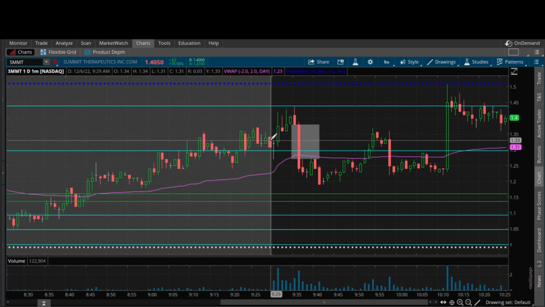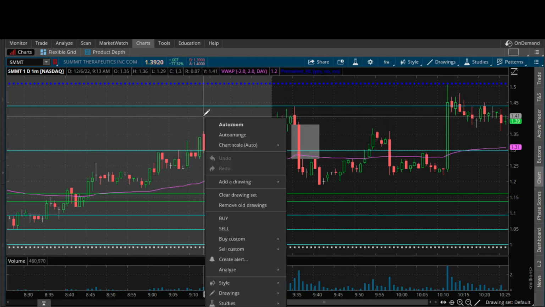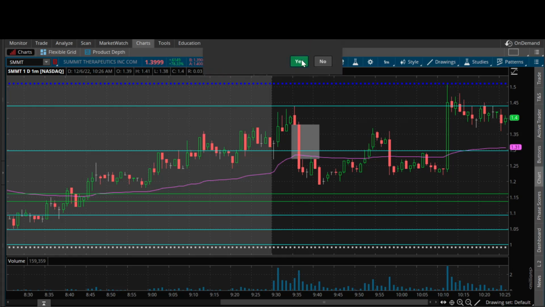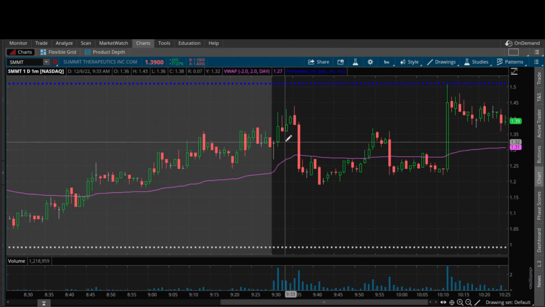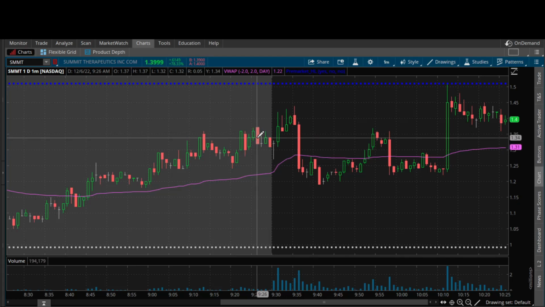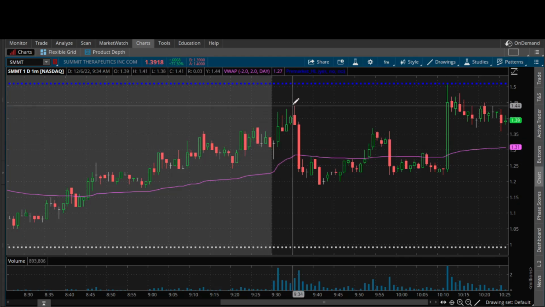See how SMMT came down. Actually, let me clear all this off the chart real quick and let's start from scratch. So remember, support is what? Support is an area on a chart where price failed to move lower in the past, right? So see how price came down right here? You had this pullback, and boom, you get a nice move up at the opening bell.